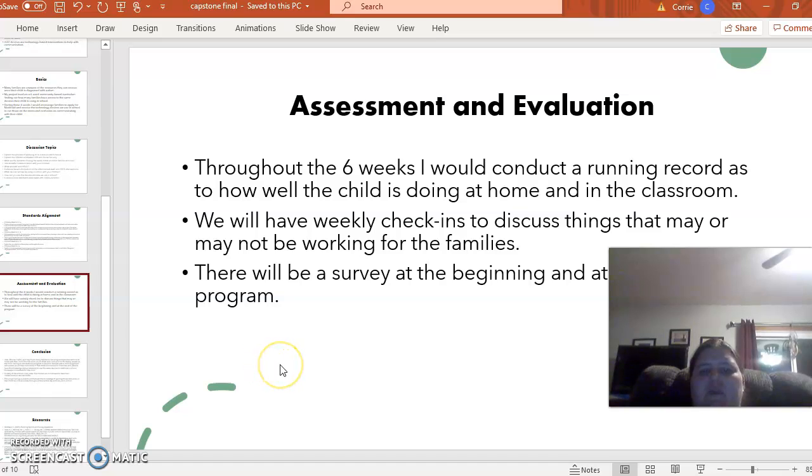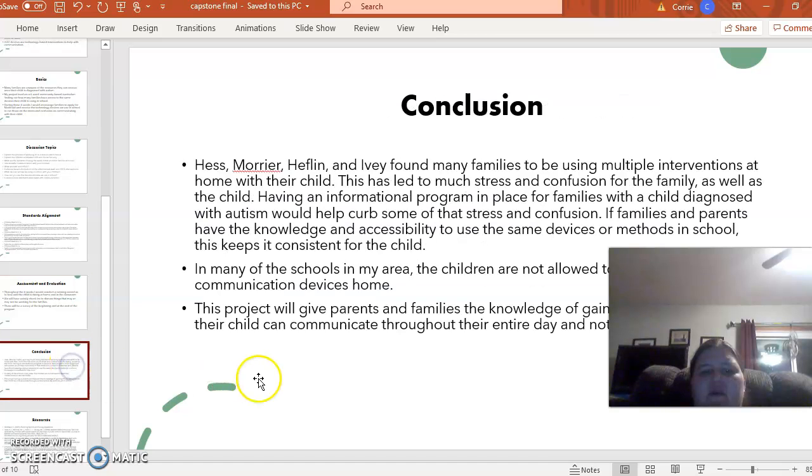We would have weekly check-ins to discuss things that may or may not be working for the family. There will be a survey at the beginning and the end.